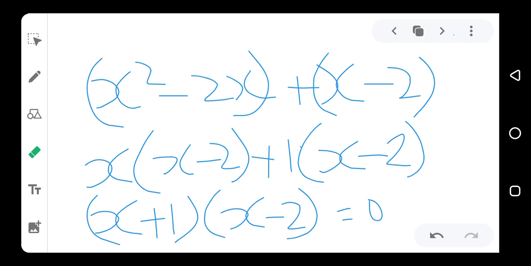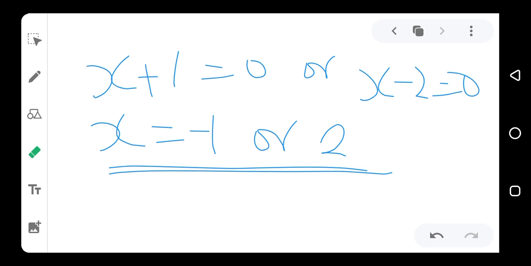And so we collect the ones outside the bracket and take one of the brackets, since the two brackets are the same thing. So we have x plus 1, then x minus 2, and everything is equal to 0. It is either that x plus 1 is equal to 0 or x minus 2 is equal to 0.